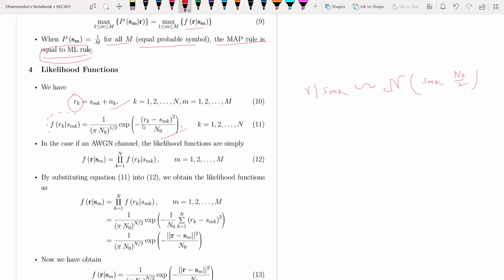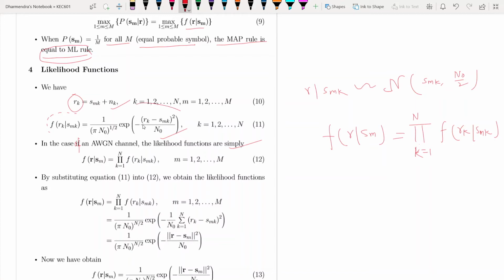In the case of an AWGN channel, the likelihood function of the received vector, conditional on R given Sm, will be as follows. Because each Rk is independent, uncorrelated and Gaussian, the joint PDF can be the product of individual PDFs, with k equal to 1 to capital N.